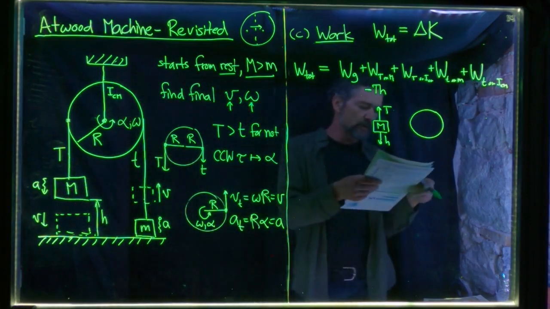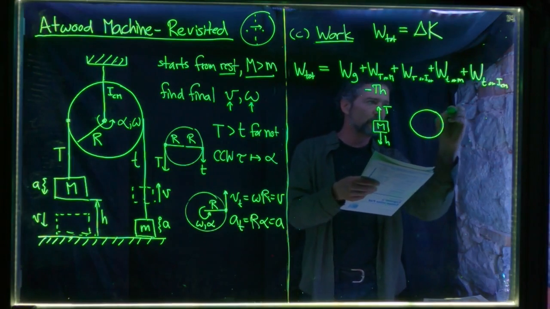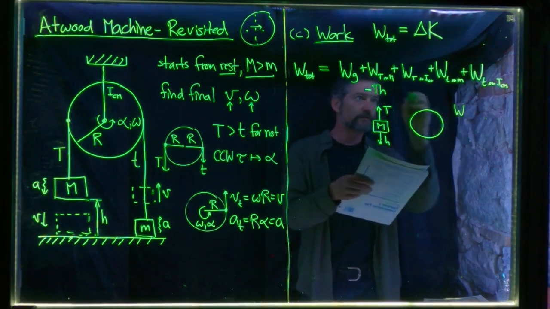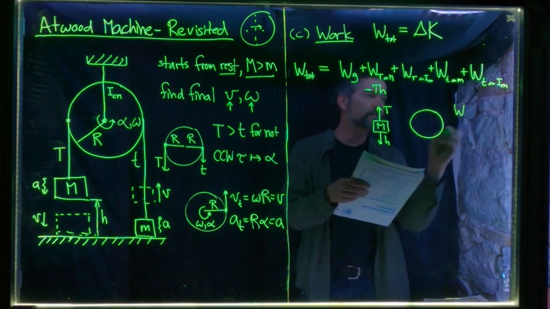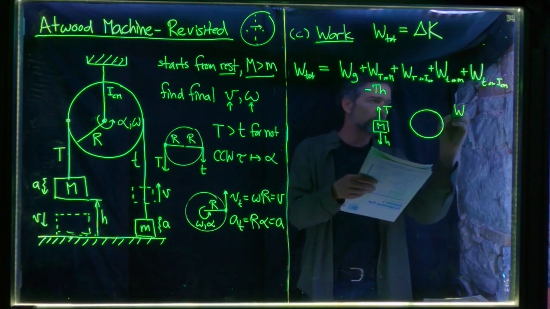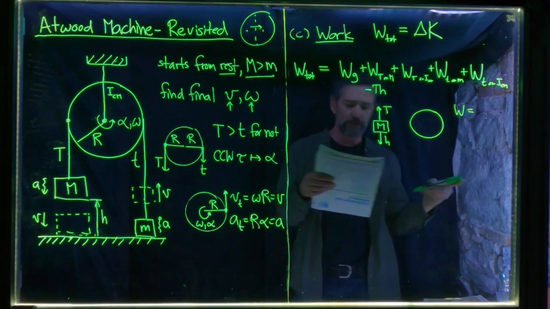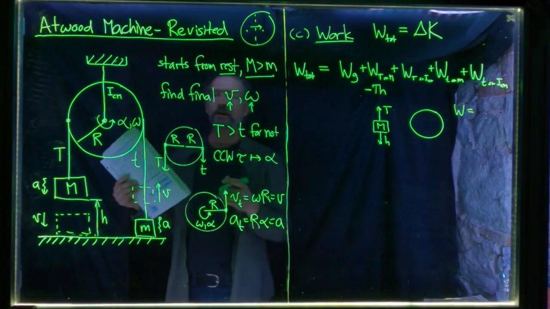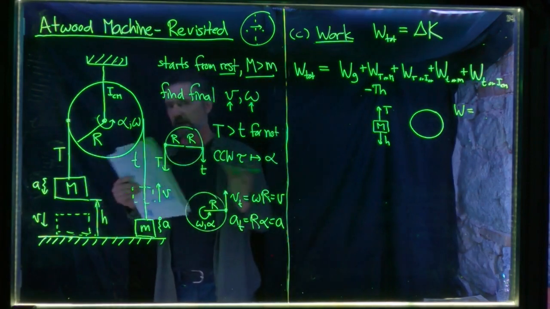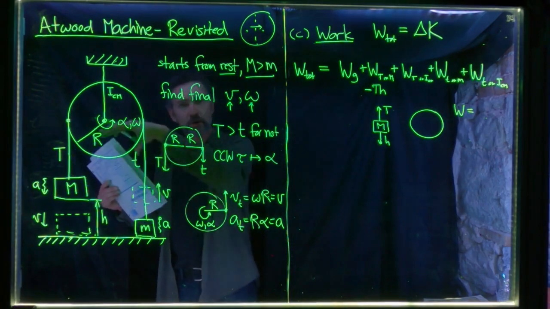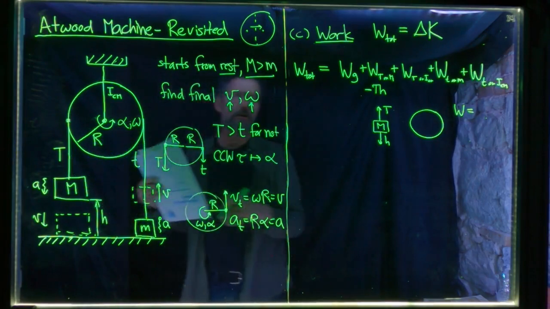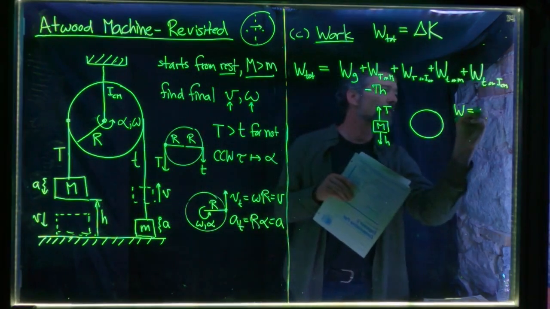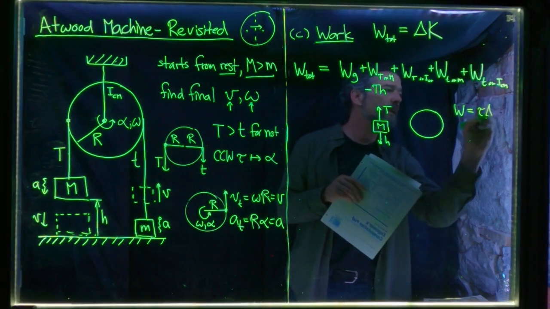And so let's see, we have the work done, so this W_T on I_CM. We know that the work done by a constant force acting through a displacement is F delta x. A constant torque acting through an angular displacement delta theta is that constant torque times the angular displacement delta theta.